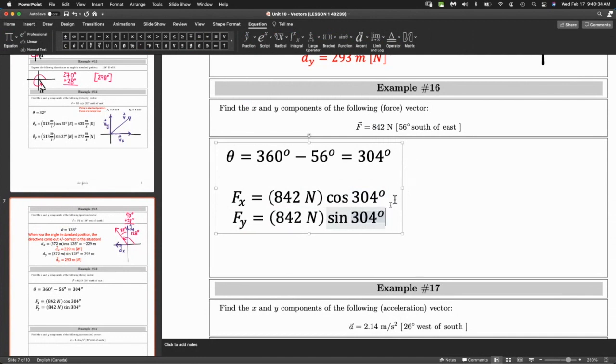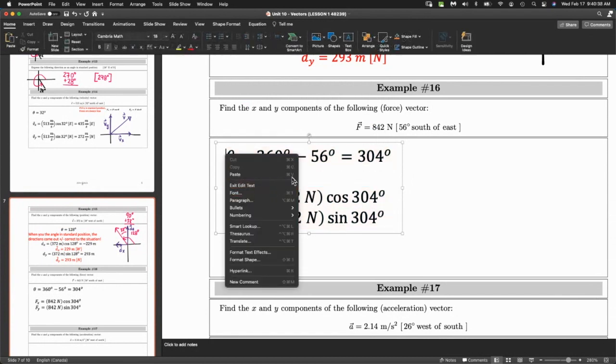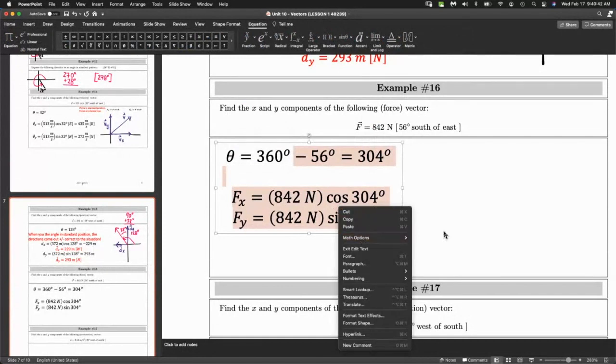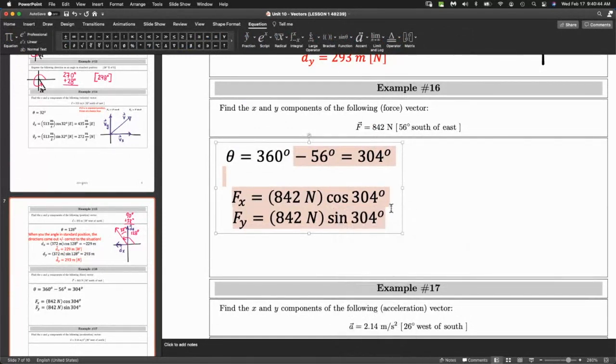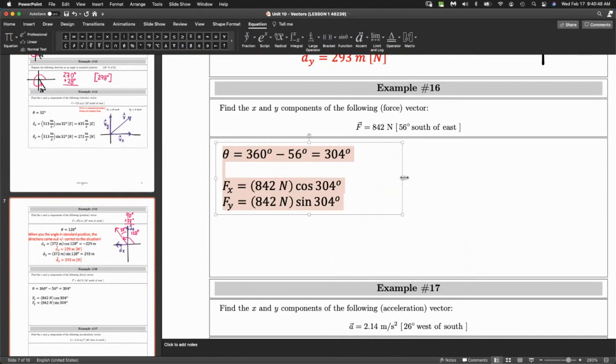Can someone calculate those quantities? Anybody have those answers?